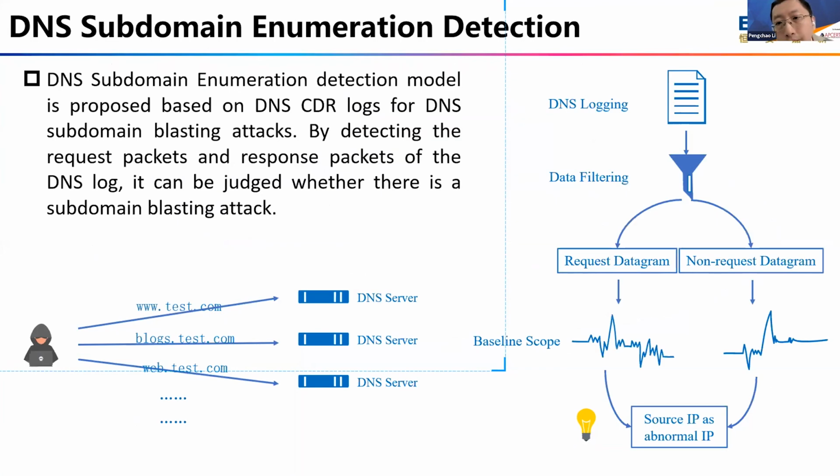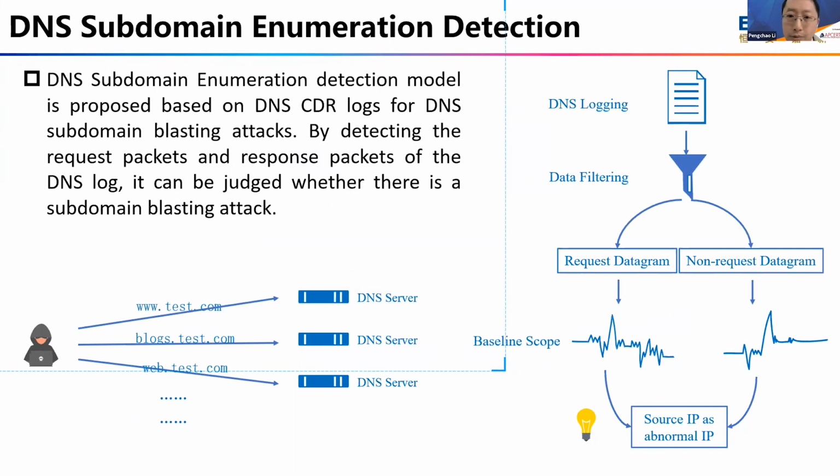Now let's take some DNS-related attack hunting cases, for example. We have many DNS subdomain enumeration detection methods in an early stage. Their models are proposed based on DNS CTI or extended data records, something like that.